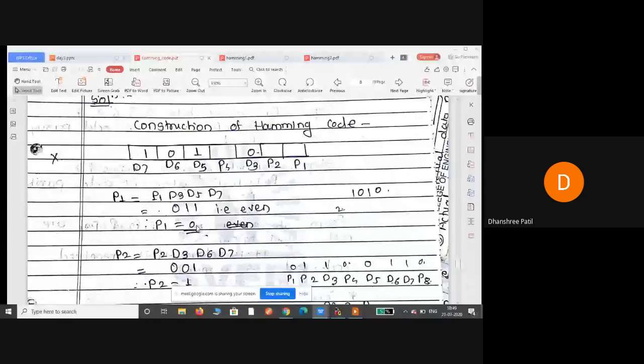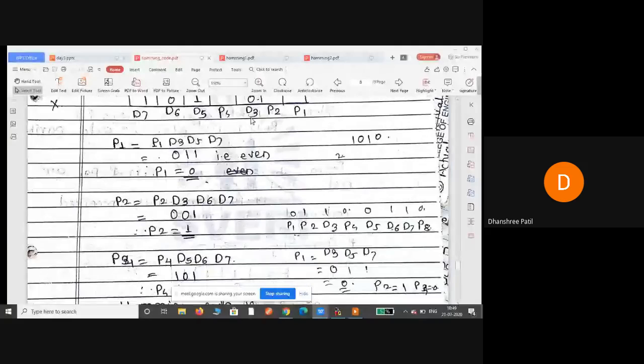See here, next one, P2. What will I consider for P2? P2, D3, then P4 and D5 are skipped, D6, D7. Okay, so P2 we have to calculate, leave it. So D3 we have 0, D6 0, D7 is 1. How many ones are there? 1 means odd.